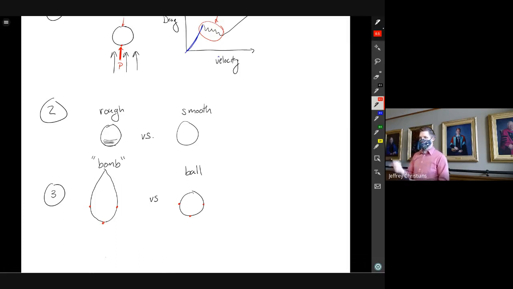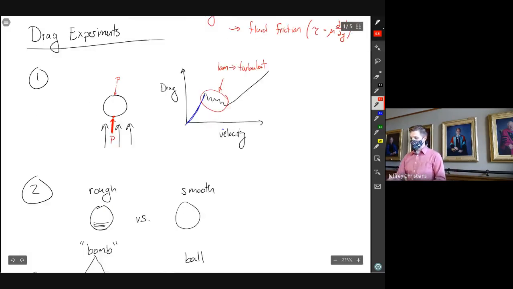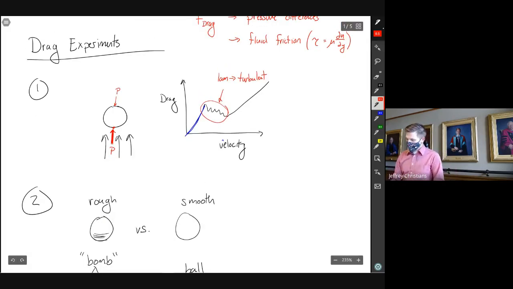So you get kind of what you're getting at with this air pocket, I think is the term that you used, that's behind there. There's truth in that. But yeah, with the rough ball, you kind of induce turbulence. And maybe one way to think about it is the smooth ball is still stuck maybe up here.